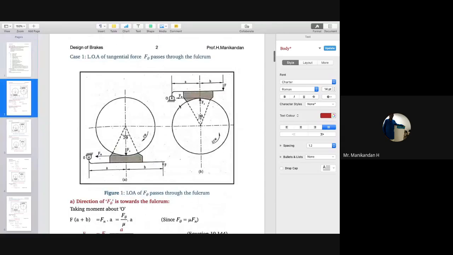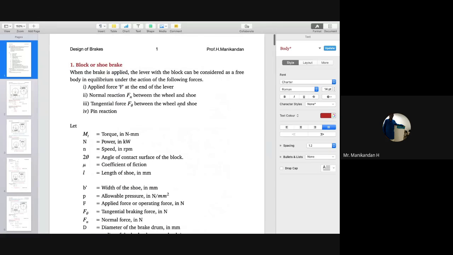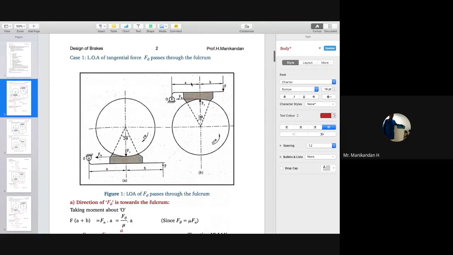Here we have three cases, which I will tell you now. When a brake is applied, the lever with the block can be considered as a free body in equilibrium under the action of the following forces. This diagram is the free body diagram which shows the various forces acting on the brake.